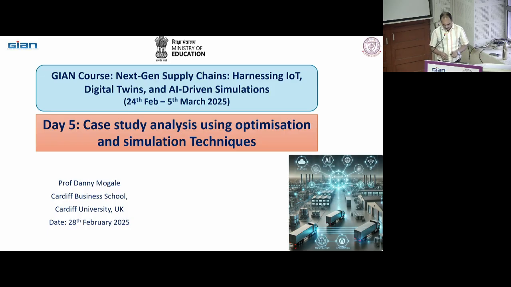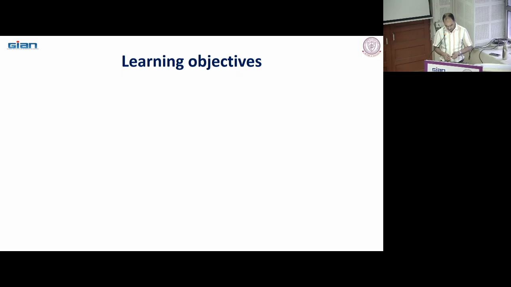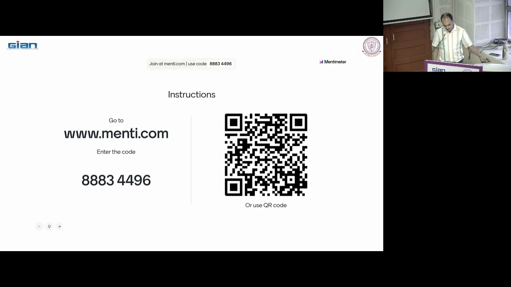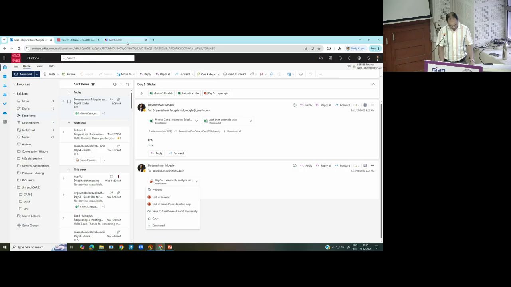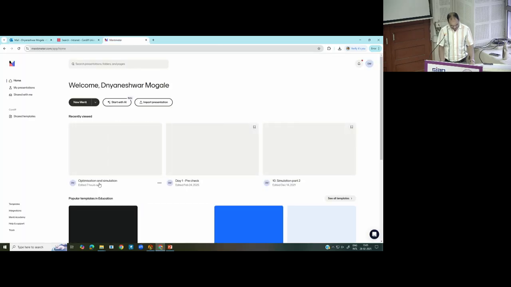So let's do a quick reflection on what we discussed yesterday. Our menti.com quiz. Go to menti.com, scan the QR code, and then we'll see what you know about optimization and simulation.